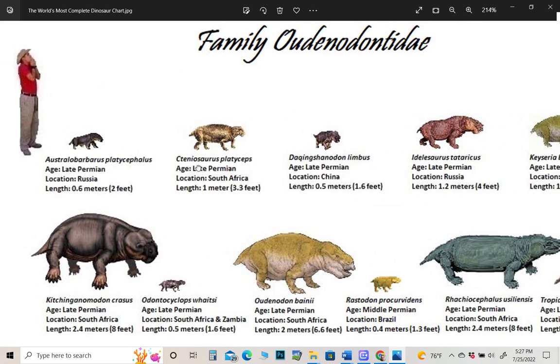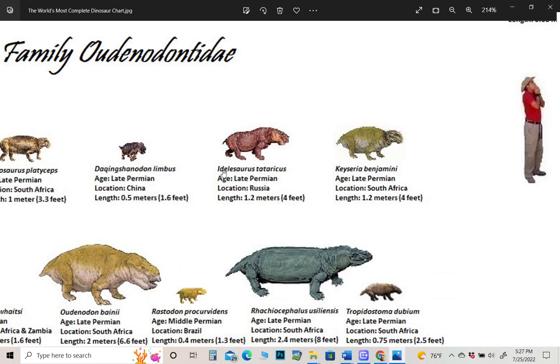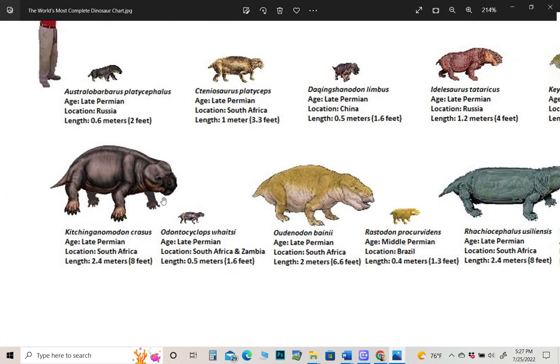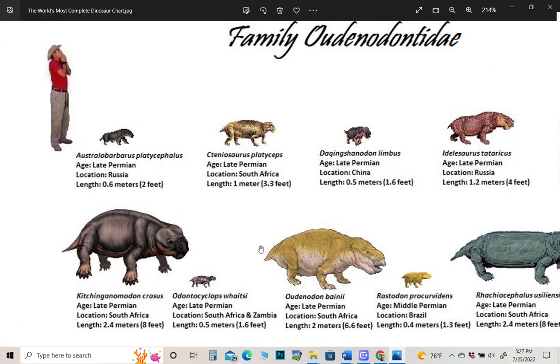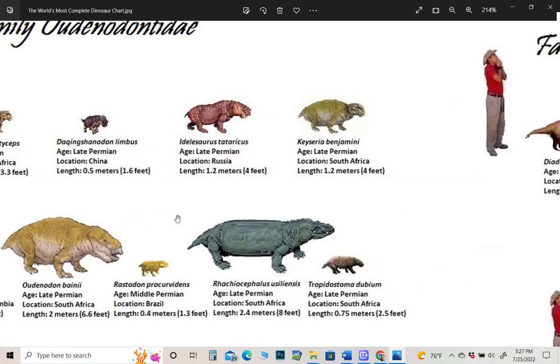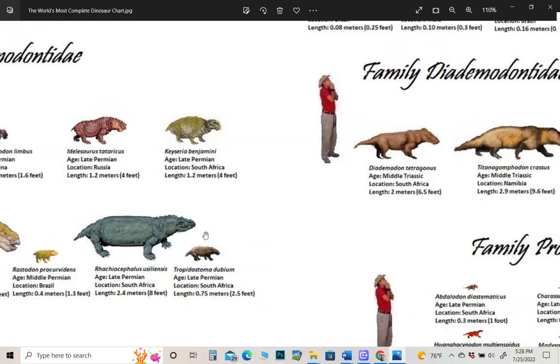Australobarbarus, Cteniosaurus, the Kingshanodon, Idellosaurus, Caesaria, Kichinganomodon, Odontocyclops, Odenodon, Rastrodon, Brachiocephalus, Tropidostoma.